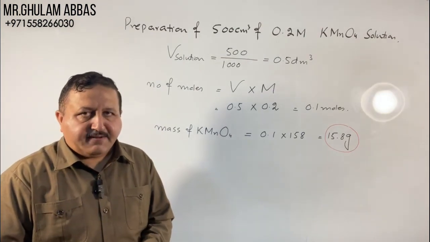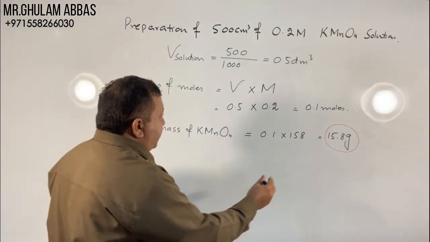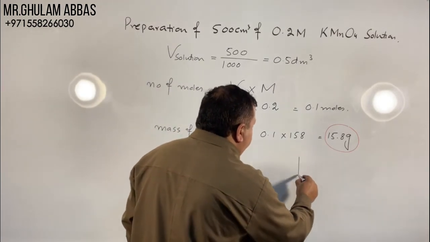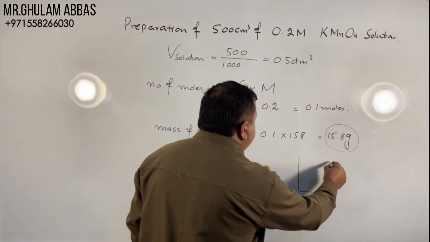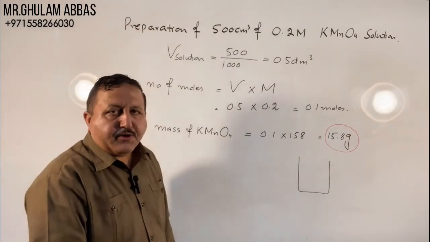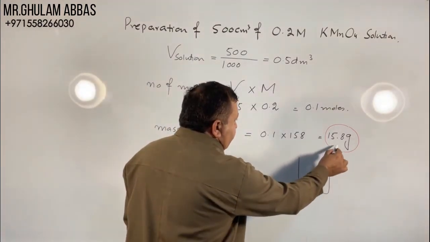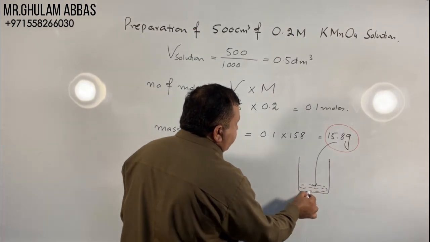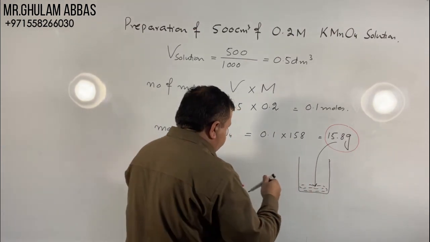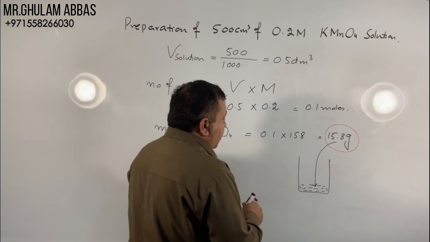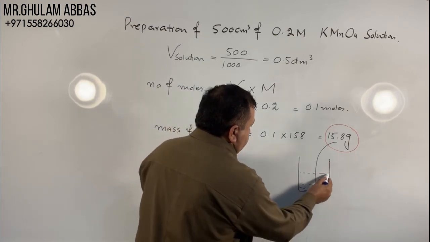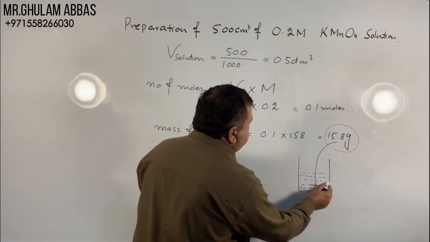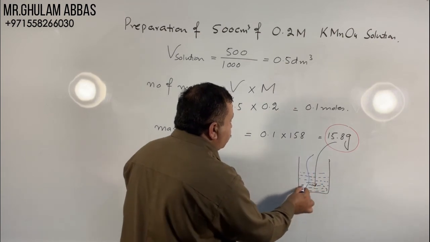Now what will we do? We will take this 15.8 gram of KMnO4 in a beaker, and then we will add some water in order to dissolve it. We will use the stirrer.